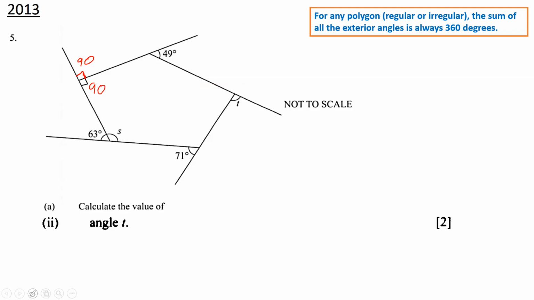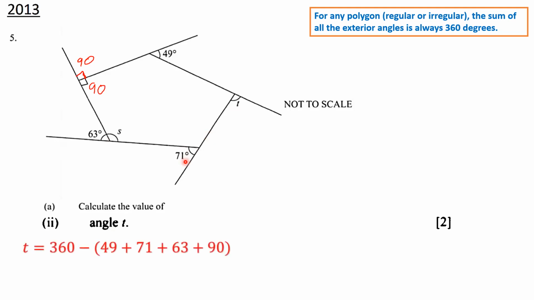So what does that mean? That means we have 63 as an exterior angle, 90 as an exterior angle, 49 as an exterior angle, T as an exterior angle, and 71. So 90 plus 49 plus 63 plus T plus 71 should add up to 360 degrees. To figure out what T is, we add up 63, 90, 49, and 71, and subtract our result from 360.